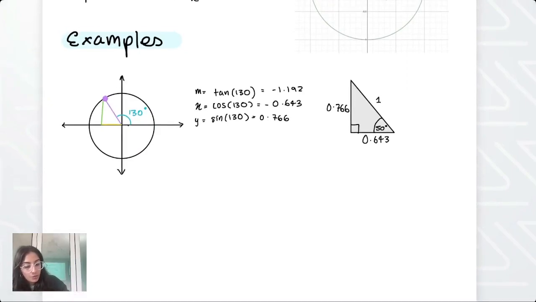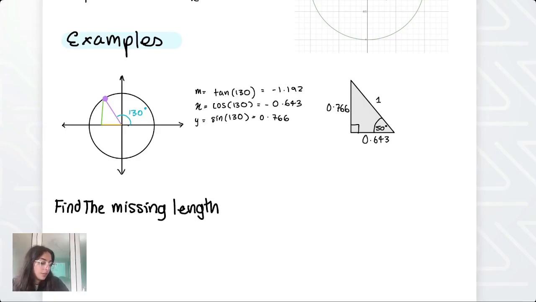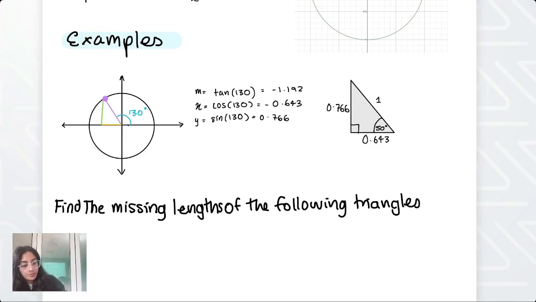So for homework, guys, find the missing length of the following triangles. Alrighty.